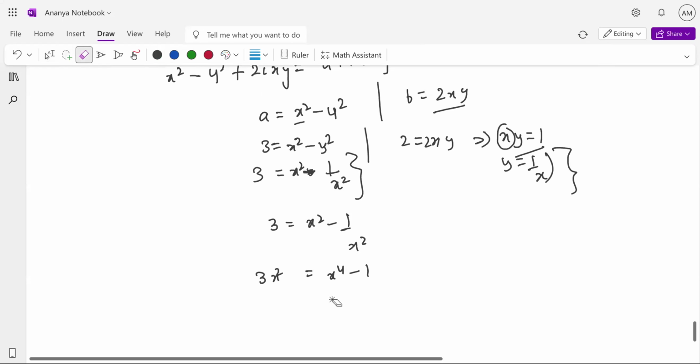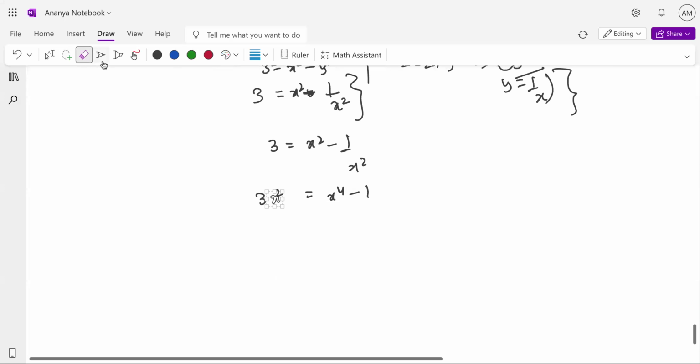You can see I just have to solve another quadratic equation. How does this become a quadratic equation? x to the power 4 minus 3x square minus 1 equals to 0. If I say my x square is nothing but k, so this equation becomes k square minus 3k minus 1, understood?